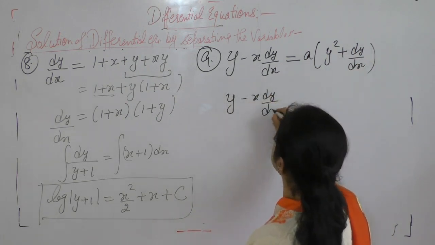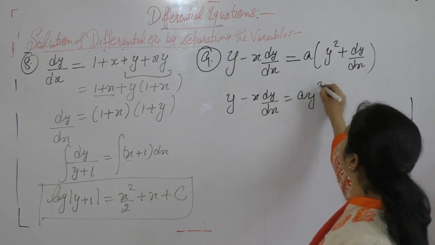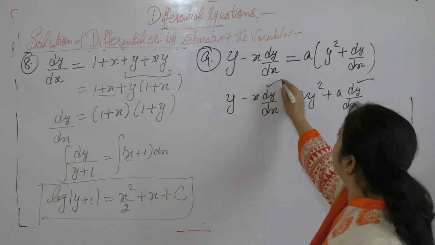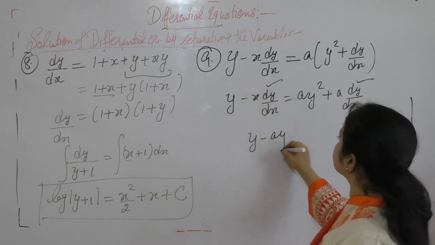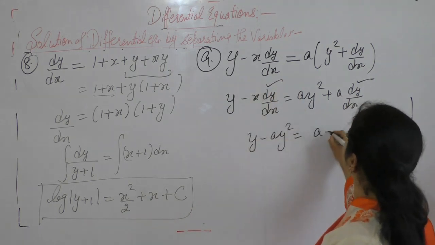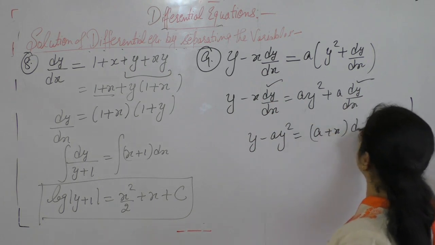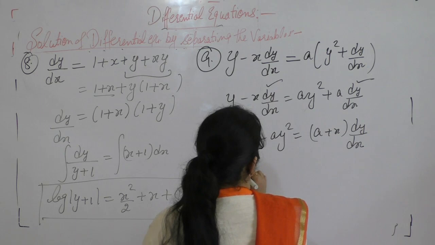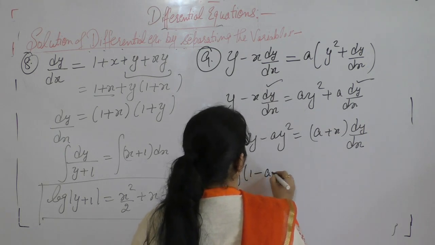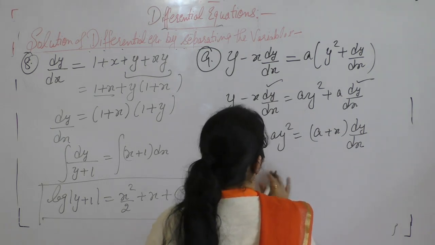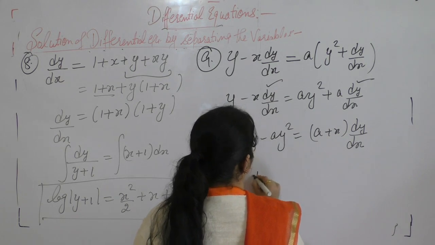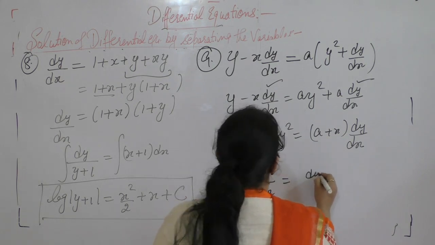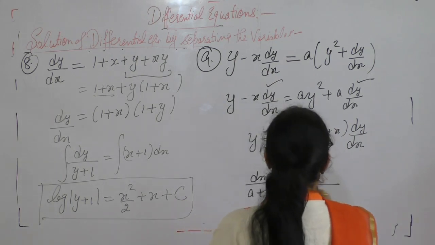Y minus x dy upon dx is equal to a y square plus a dy upon dx. Y minus a y square is equal to (a plus x) dy upon dx. So dx upon (a plus x) is equal to dy upon y.